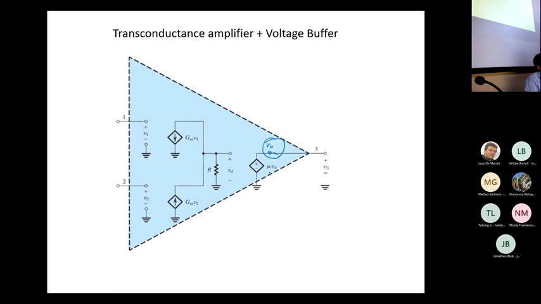This last stage may be characterized by a relatively low gain, maybe a unitary gain, but the bulk of the gain is realized by the transconductance amplifiers. So if you combine, for example, a folded cascode or a two-stage amplifier with an additional common drain stage, then you get the desired voltage gain.